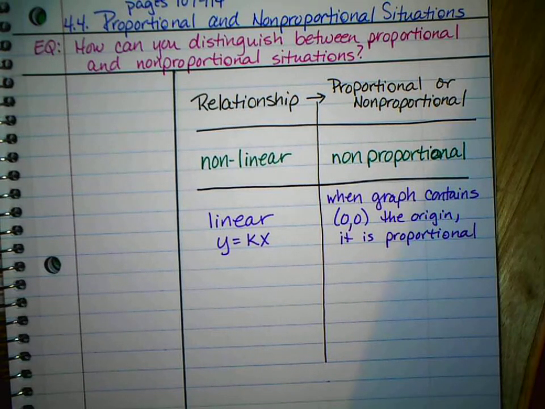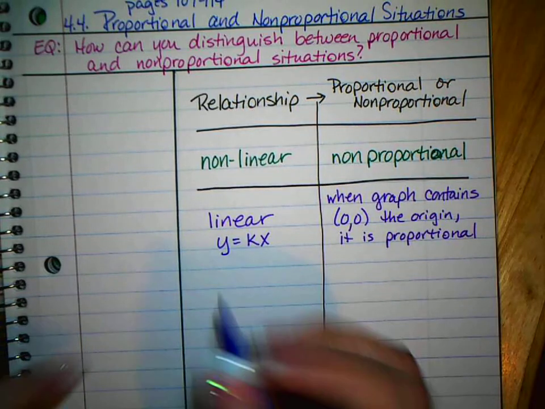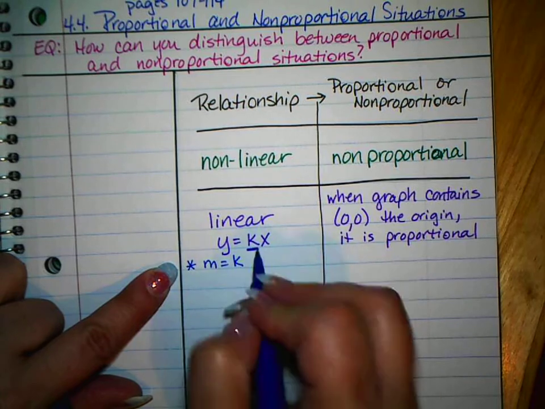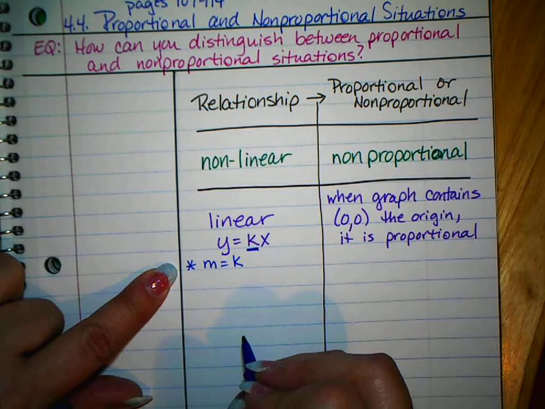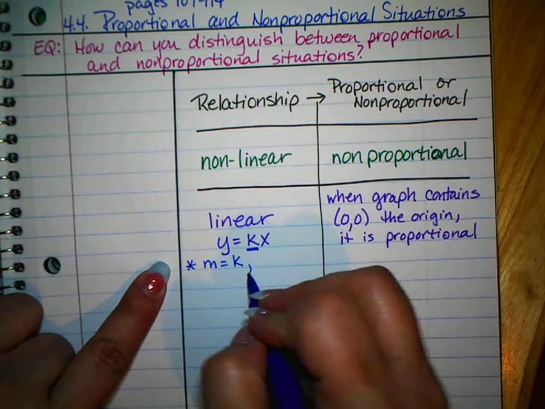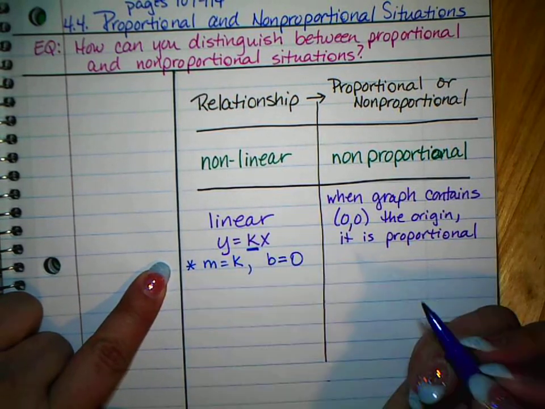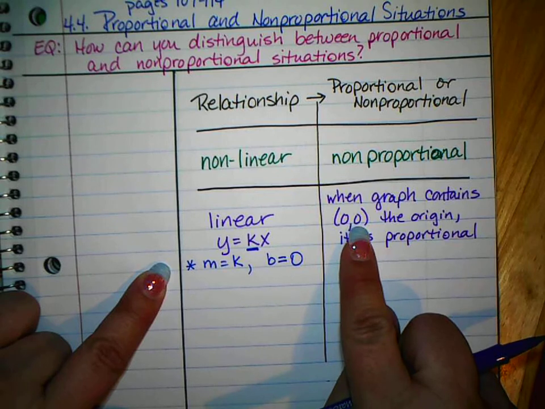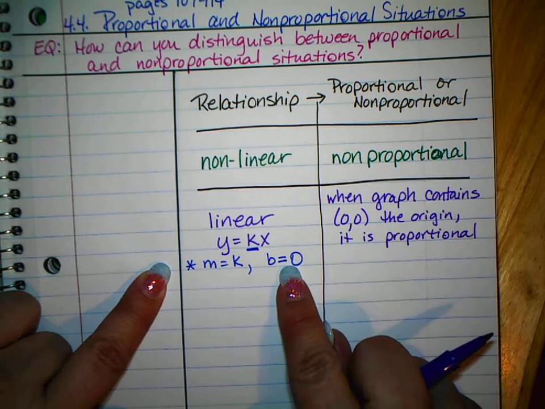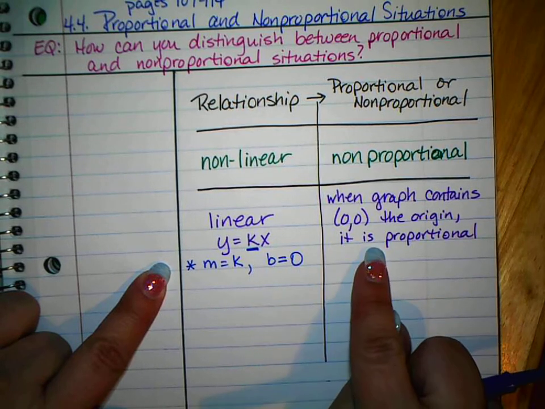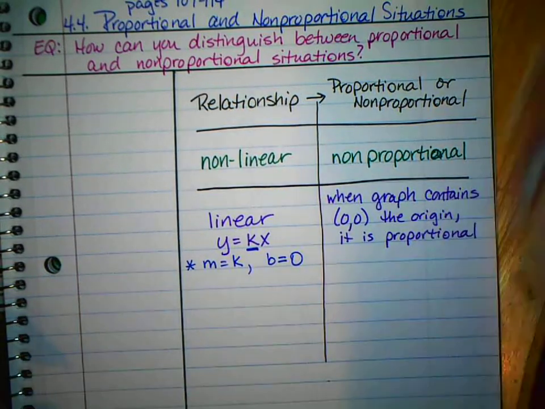A couple of things we might want to make note of here is that m is really k. And if we compare it to our next situation, you need to think about b equaling 0, because that's the only way you're going to have a y-intercept of (0, 0). There's your b right there. So b has to equal 0 for this situation. That makes it proportional.